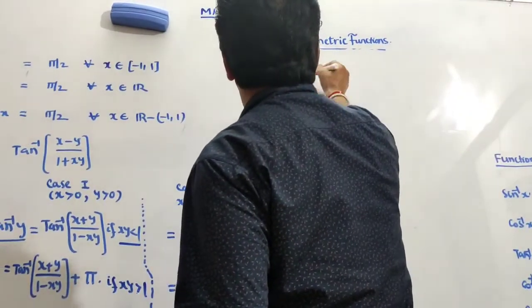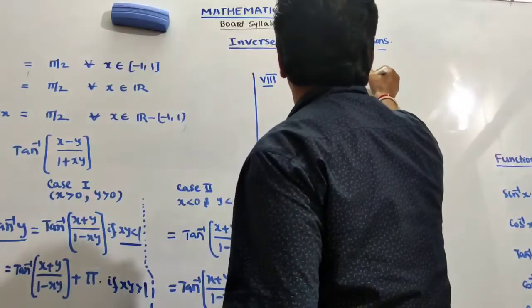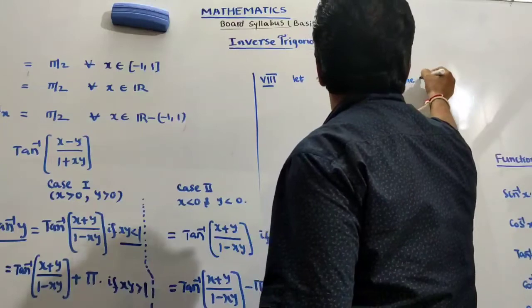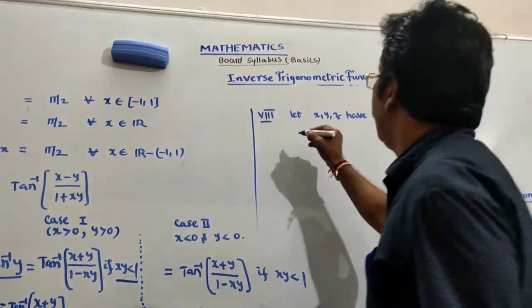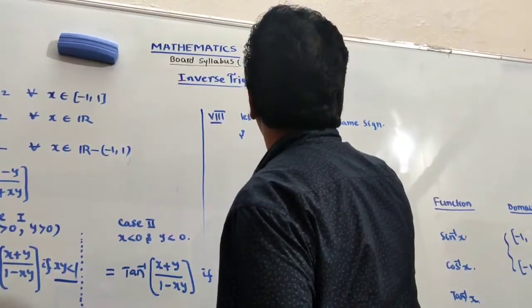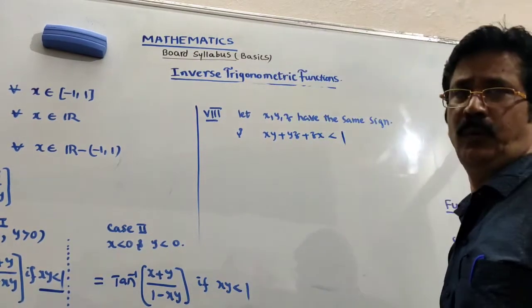Let x comma y comma z have the same sign. This is the main condition. Have the same sign, and the condition xy plus yz plus zx is less than 1.